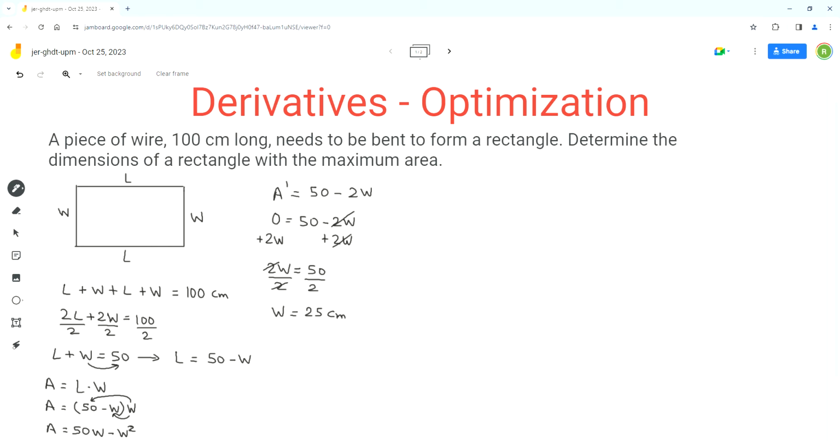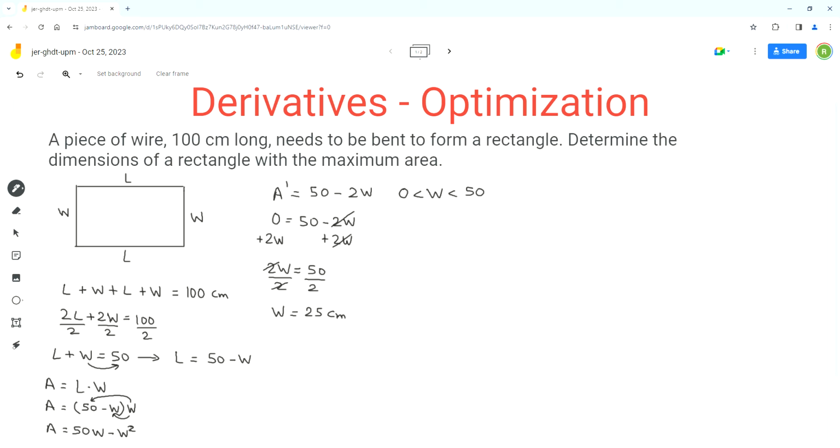So the interval for W can be written as, W has to be greater than 0, and it should be less than 50, because if the length of the rectangle becomes 0, as per the perimeter equation, the W will be equal to 50.